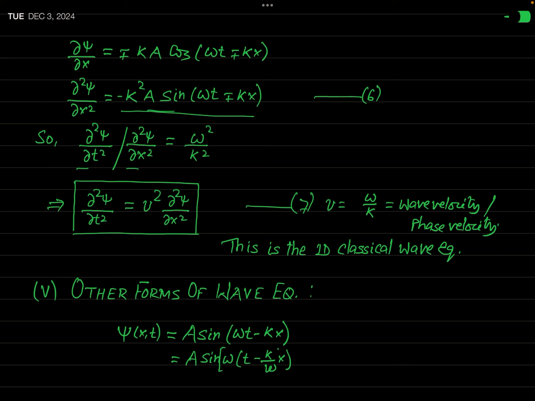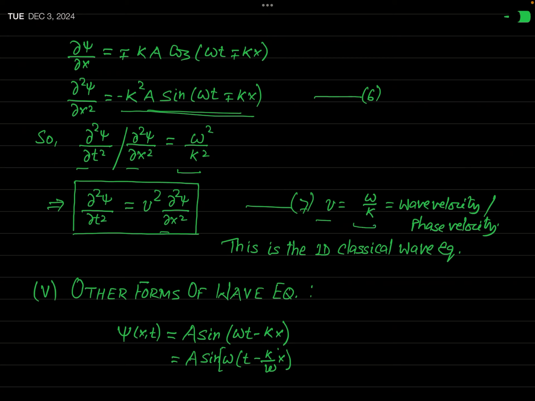You can see a sine(omega t minus/plus kx) is a common factor, so that will cancel out, a will also cancel out, and you will only have omega square over k square. And therefore, del 2 psi by del t square will be equal to v square times del 2 psi by del x square, where v square has been written instead of omega square over k square, or you can say that v is written for omega by k.